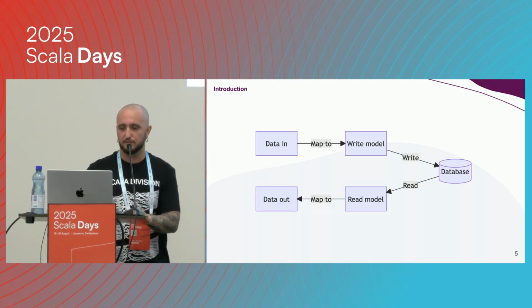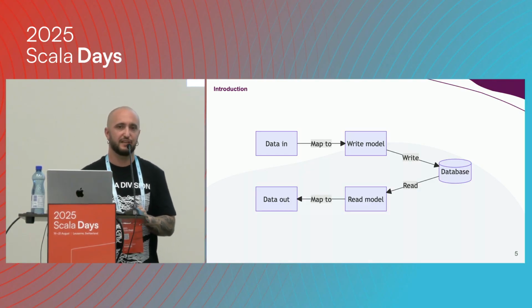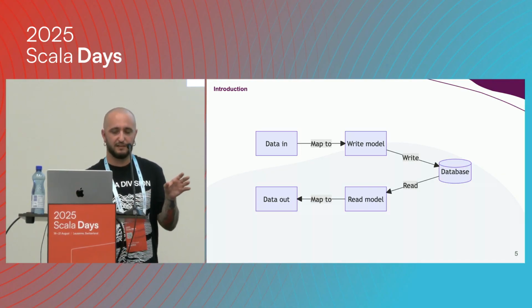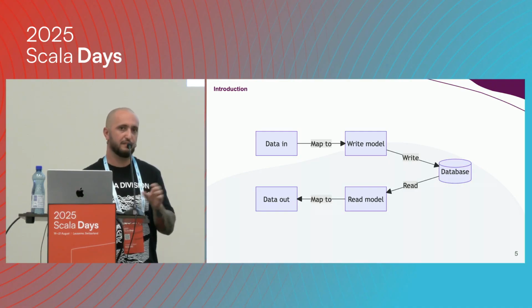And this is very influenced by the fact that we're going to have a different path for the data to be written into the database and the data to be read from the database.